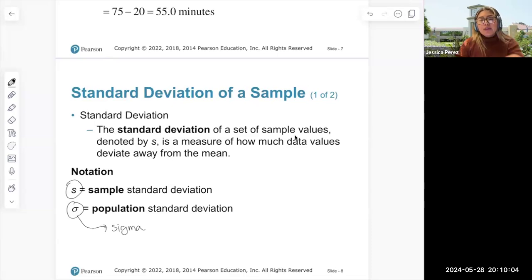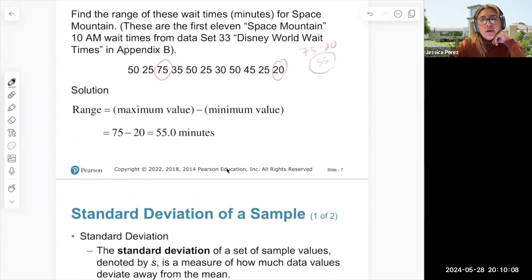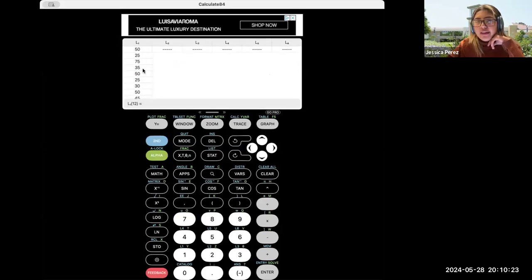Again, we're able to calculate this on the calculator. Let me share my calculator. See how we have calculate? We hit stat and then edit. Notice how we listed our values already.